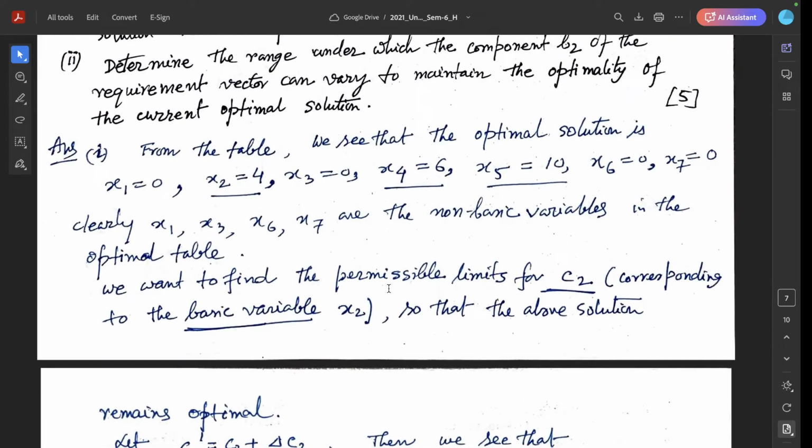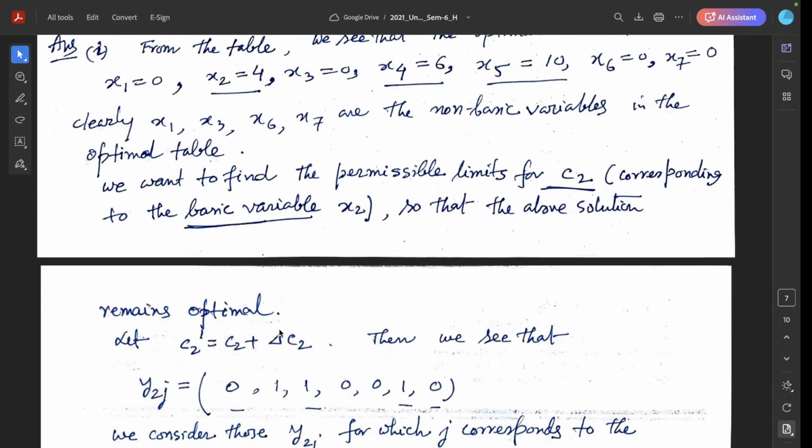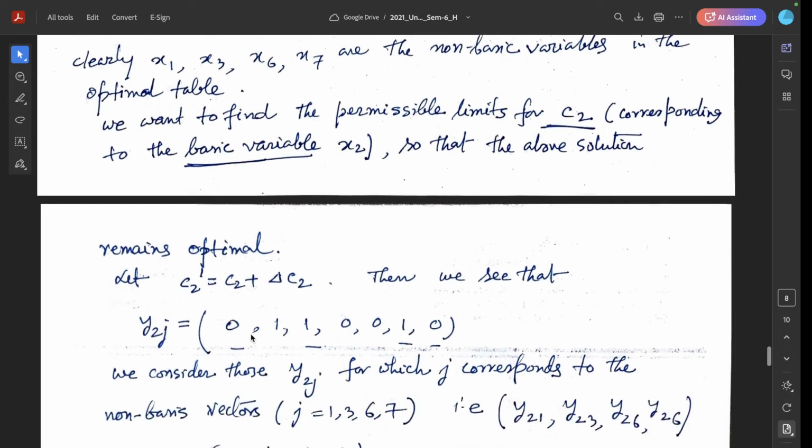We want to find the permissible limits for C2. C2 corresponds to the basic variable x2, which is present here, so x2 is a basic variable. So the above solution remains optimal.